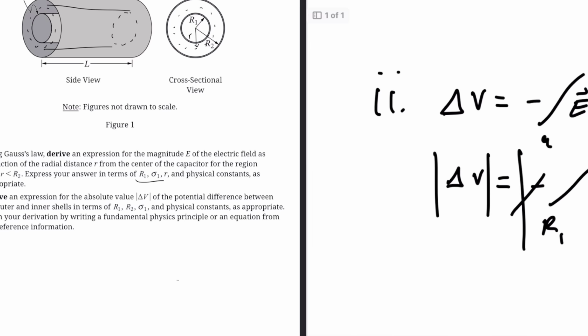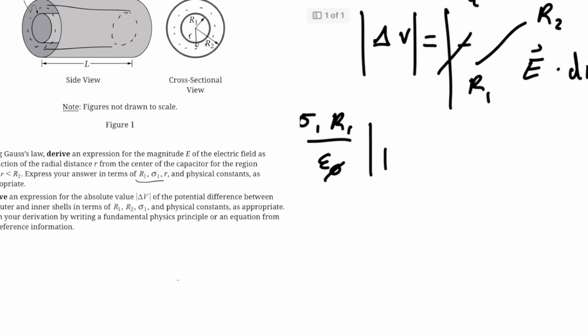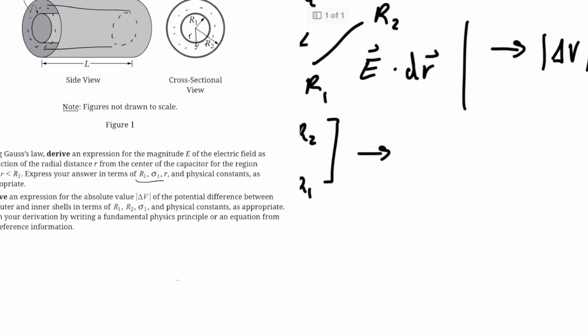So now I'm just going to evaluate this integral. I forgot for a second. Sigma 1 R1 over epsilon naught. And now 1 over R will turn into ln R, from the bounds R1 to R2. Okay. And now we'll get sigma.